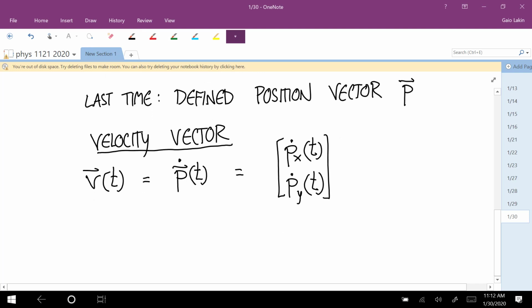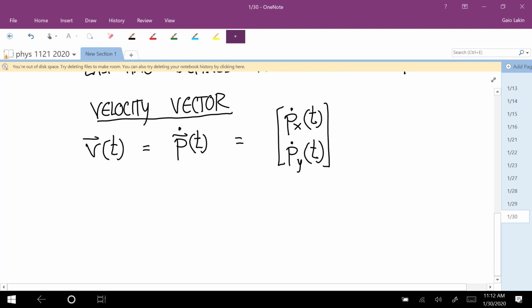Now, the way to think about the position vector, as I said last time, is basically to think about the coordinates of the position vector as just the coordinates of the object in whatever your coordinate system is. The way to think about the velocity vector is like this.